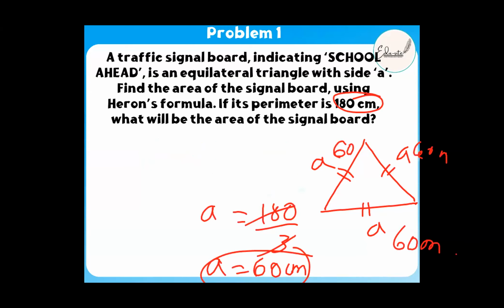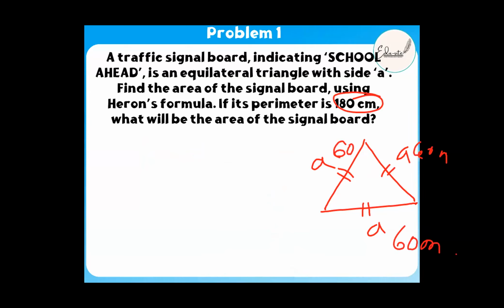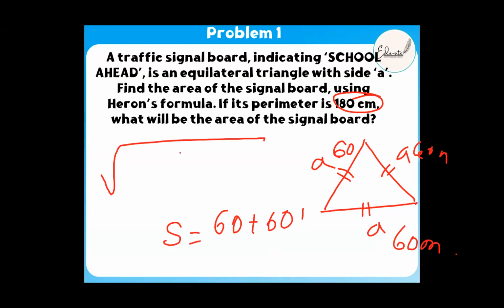Can you please tell? Are you writing this down? Do you have your maths notebook with you? Yes. Okay. So you have to calculate with Heron's formula. What do you have? You have s, right? s is equal to 60 plus 60 plus 60 divided by 2. What is 180 by 2? It's 90.